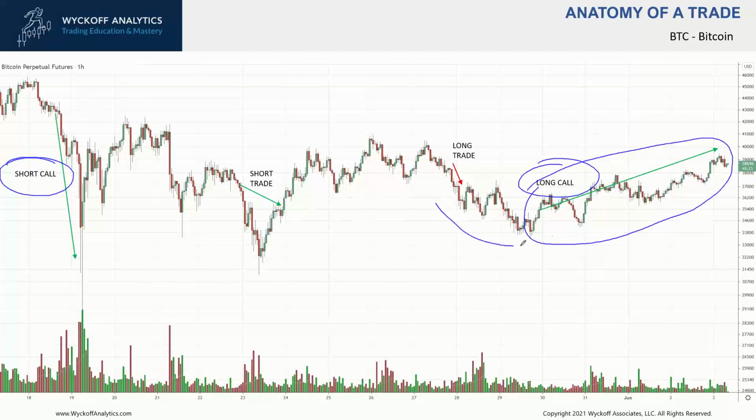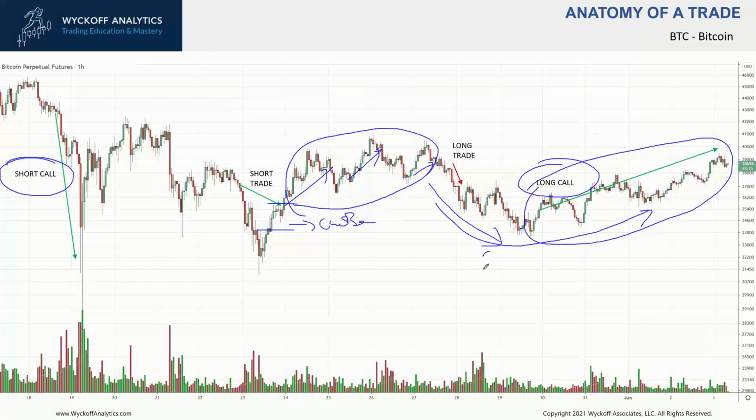We're seeing the change of behavior that is suggestive of a much more sustainable swing to the upside. Whereas, let's say somewhere here, these trades you still want to probably keep in a shorter duration, because the change of behavior has happened, but it needs to be confirmed by the change of character. And hopefully that's what we've had here in this area.